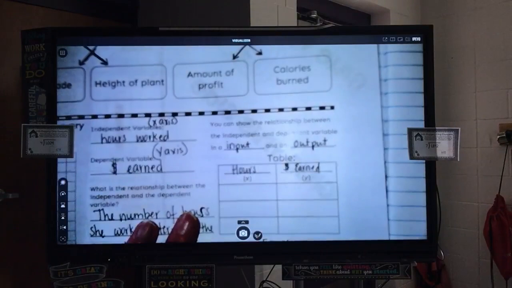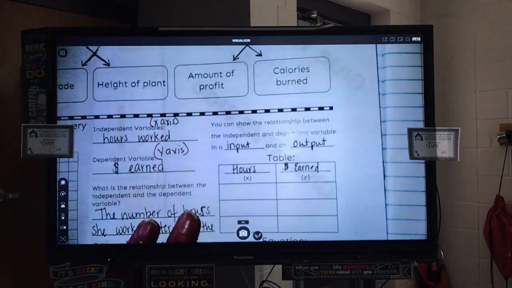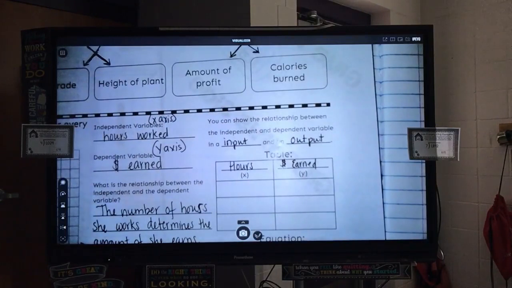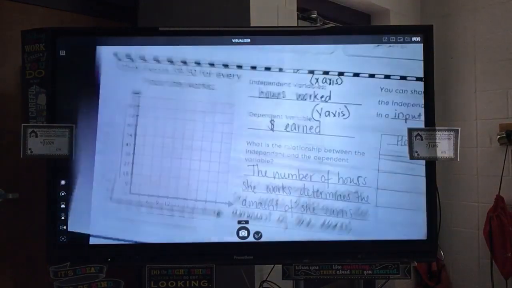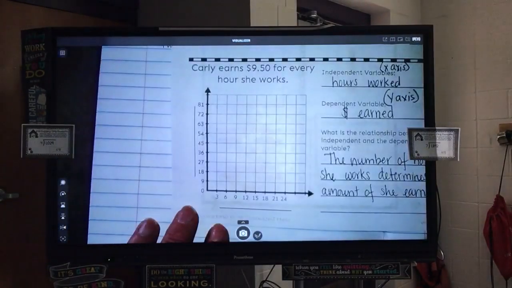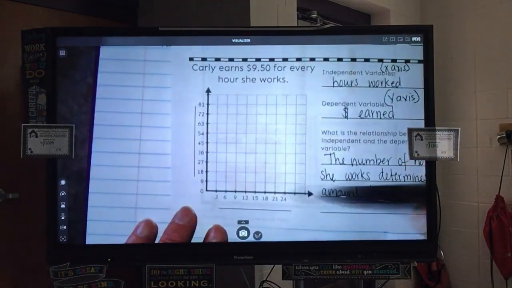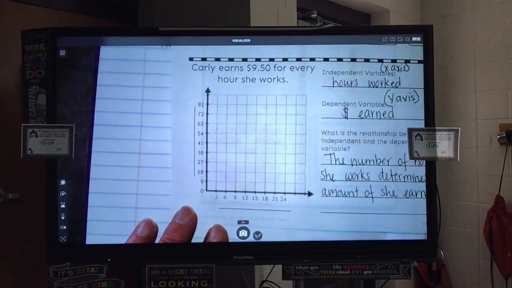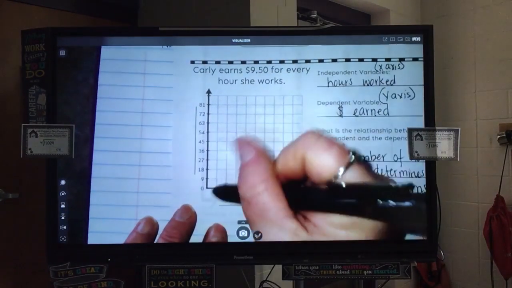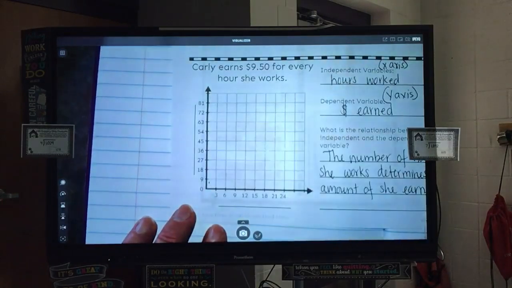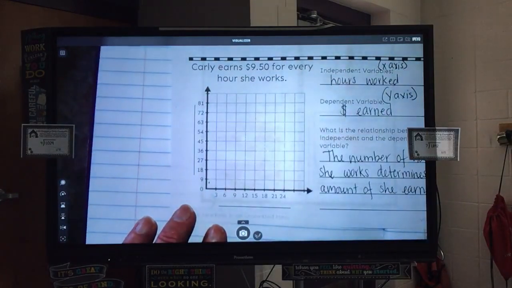So make it as easy as possible. If you see 3, 6, 9, 12, 15, 18, 21, 24, why on earth are we going to pick a number where we got to figure out it's somewhere in here? Don't make it hard on yourself.